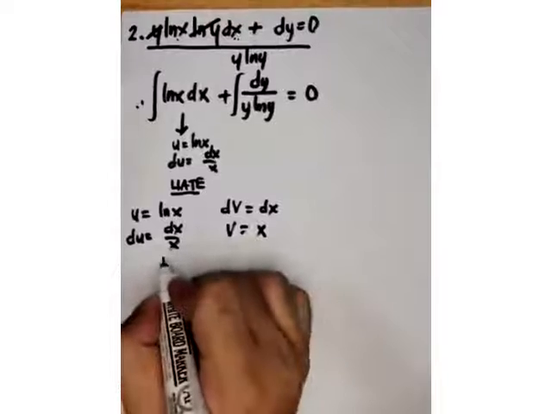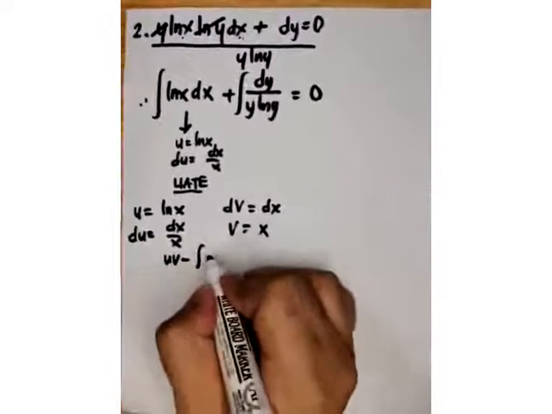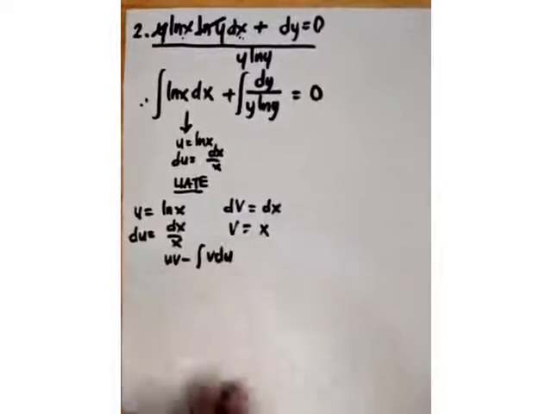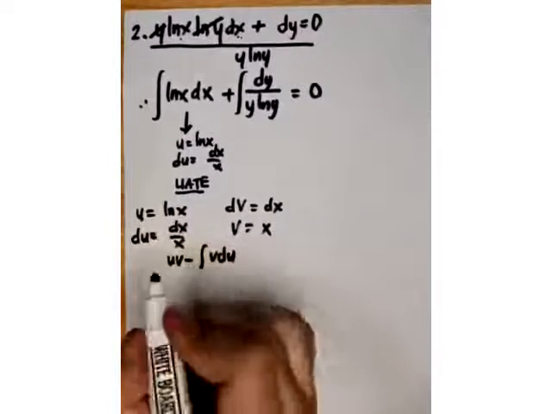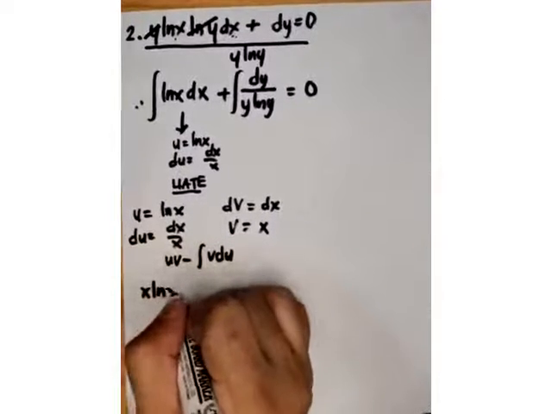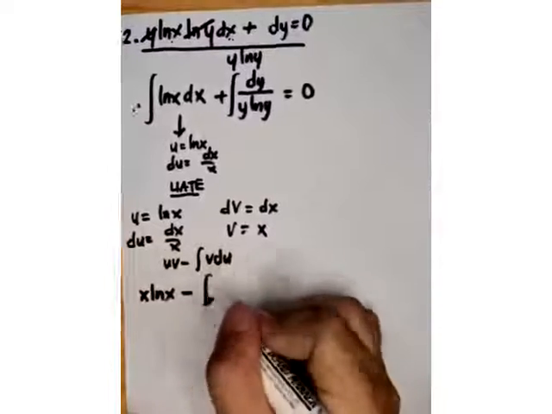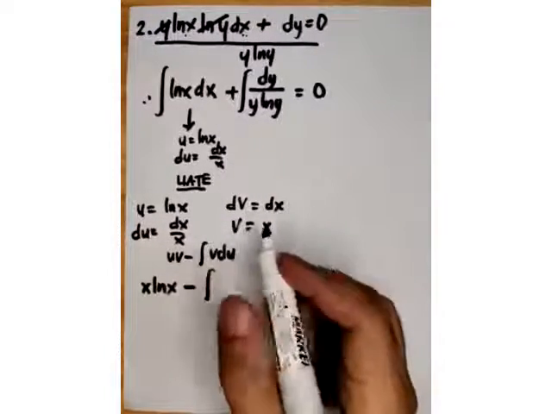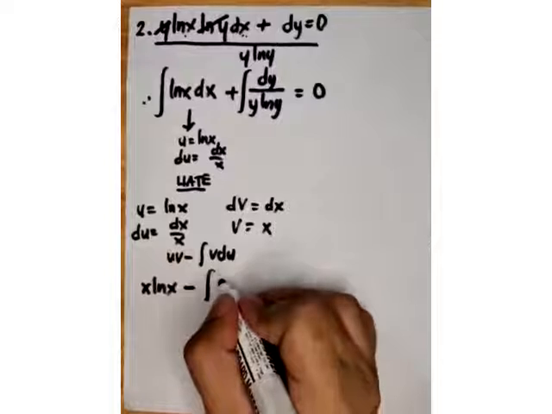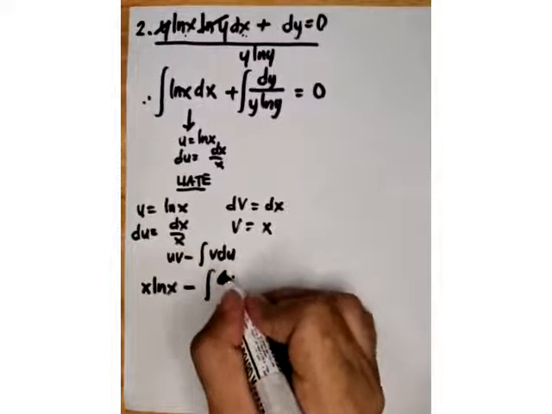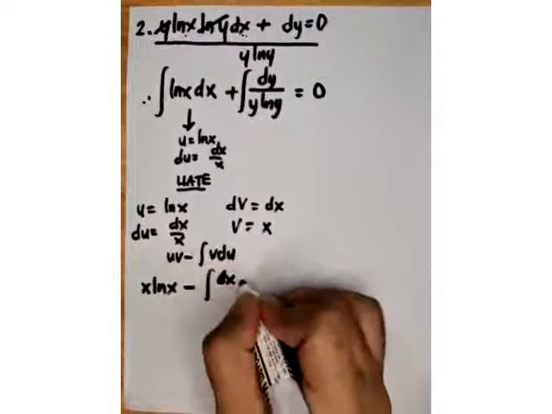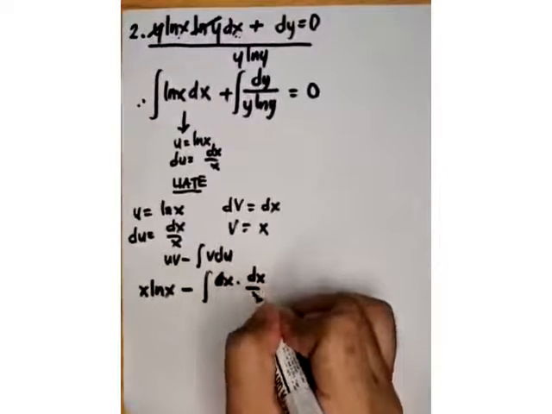Di bang formula natin ay uv minus the integral of v du. Ayan. So, copy nyo lang. So, that's x ln of x minus the integral of v du: x times dx over x.